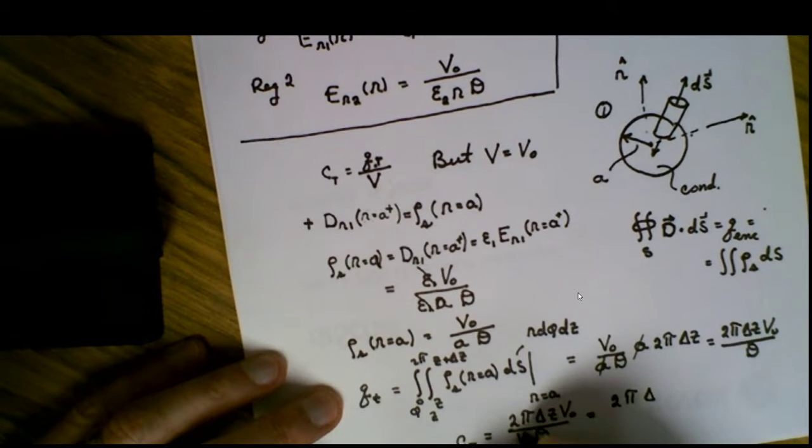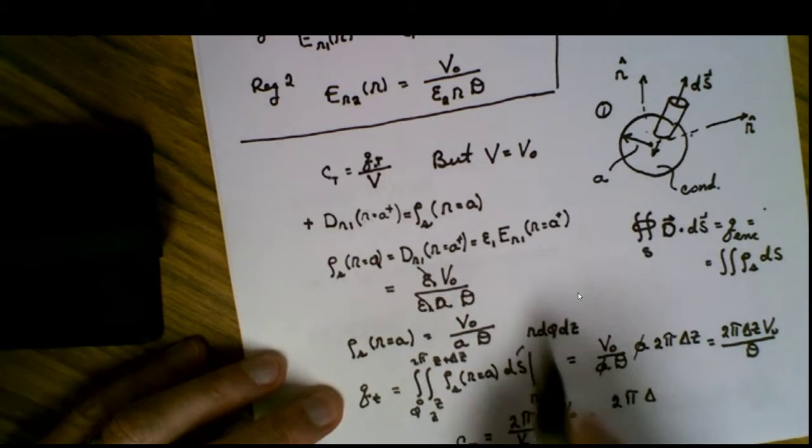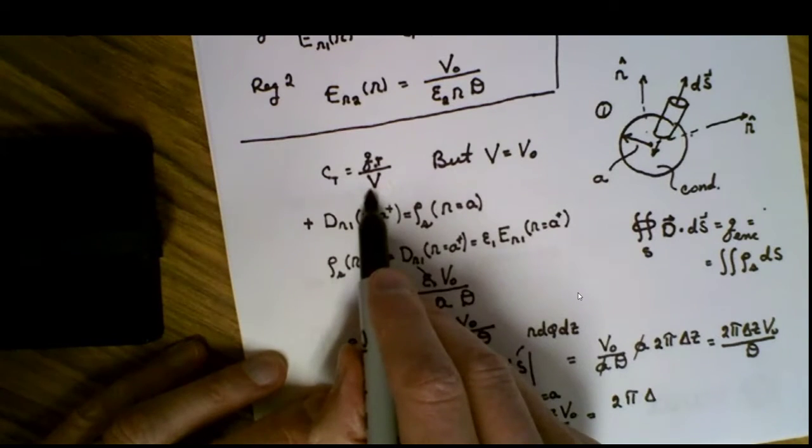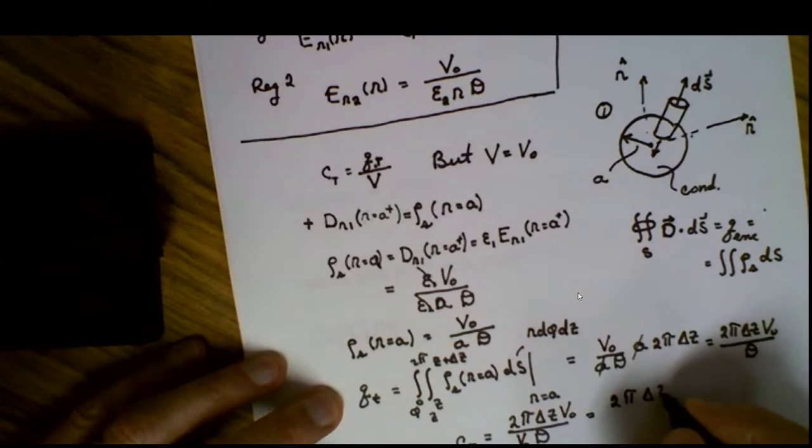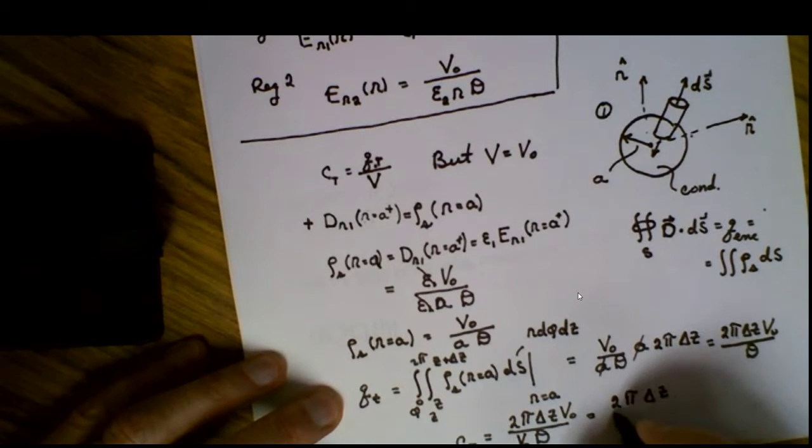Oh, don't forget the V naught down here as well. That's the potential difference between the two bodies, times delta z divided by script D.